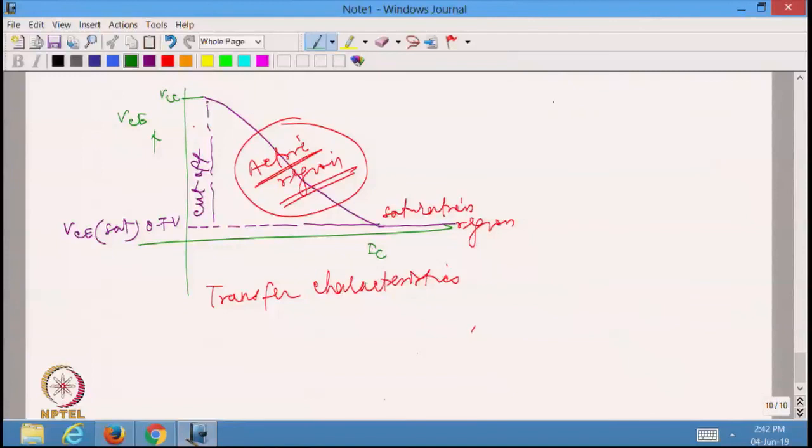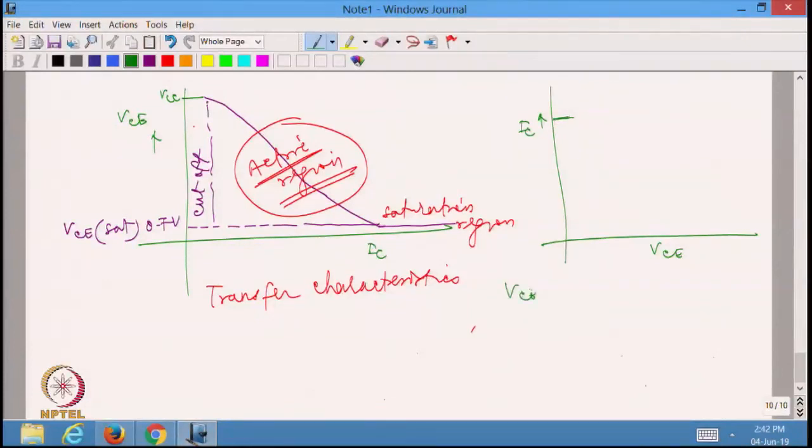But if I try to look at the normal operation of the transistor, I can say probably this is IC and this is VCE. I am probably going to have, for a rated IC, very small VCE.